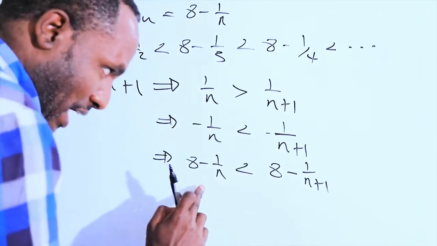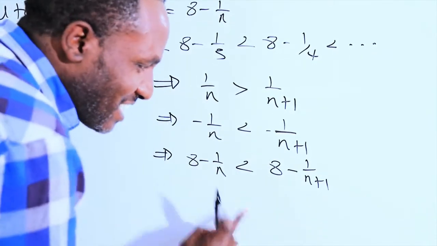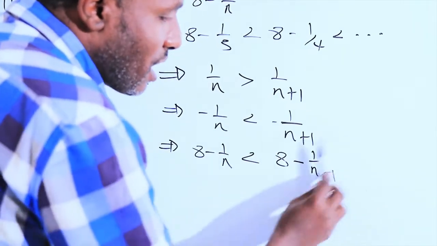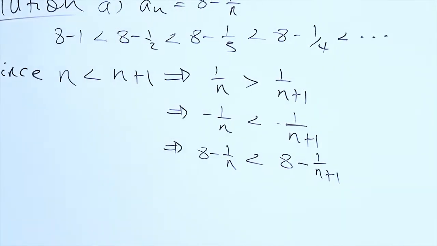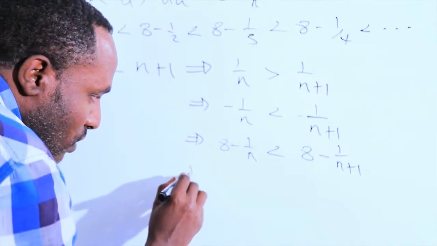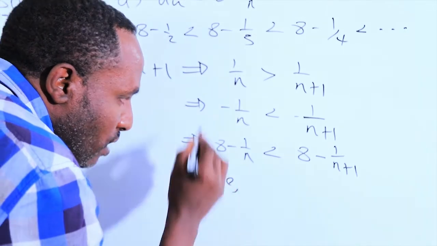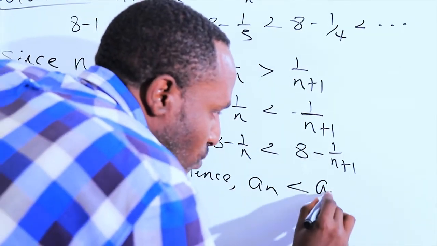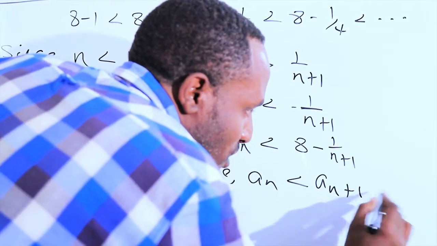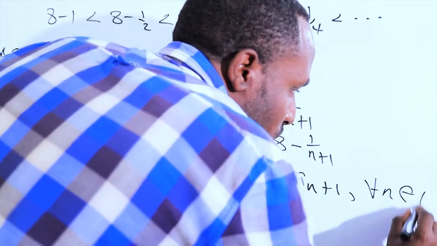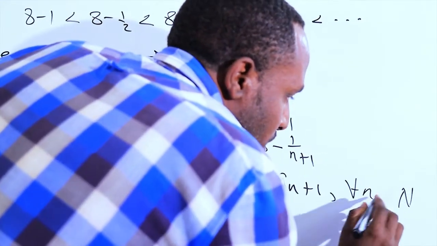That means an is strictly less than 8 minus 1 over n plus 1, that means an plus 1. Hence we can say an is less than an plus 1. This works for every n, an element of the set of natural numbers N.